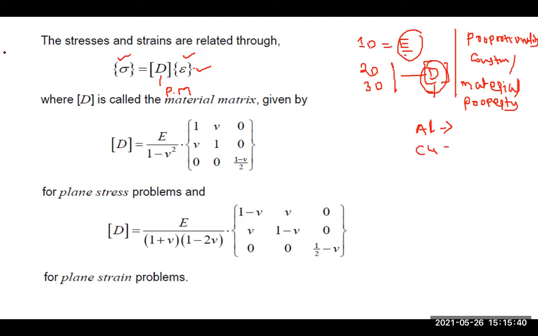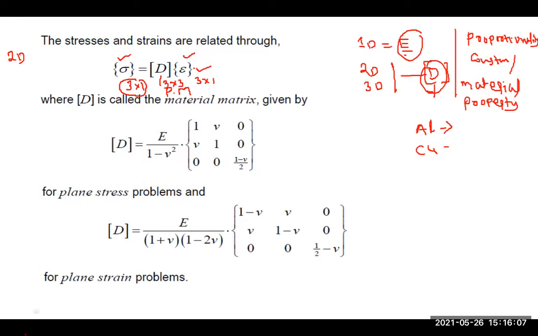So here I'm talking about two-dimensional members. Sigma is 3 by 1, and epsilon is also 3 by 1. LHS must be equal to RHS. To satisfy this equation, 3 by 1 must equal 3 by 1. Since the strain is 3 by 1, the D matrix must be 3 by 3.